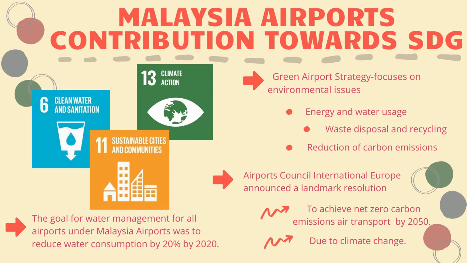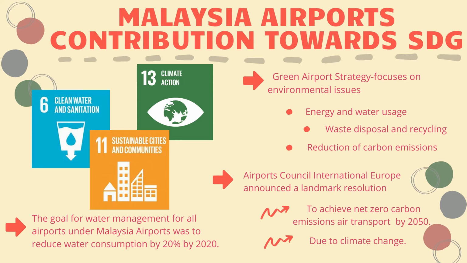In June 2019, Airports Council International Europe (ACI Europe) announced a landmark resolution to achieve net zero carbon emission by 2050. The commitment was made in response to the latest scientific evidence compiled on climate change. And the last one, water consumption.